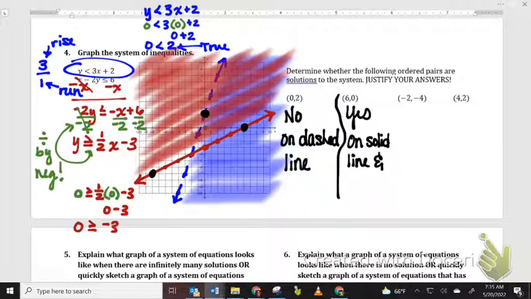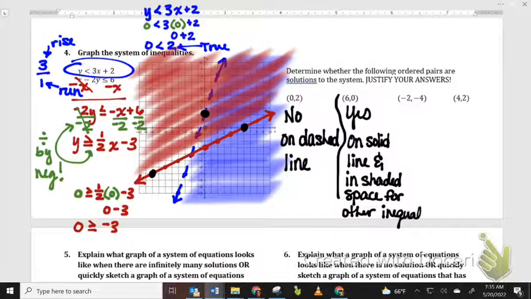Yes, this one is also in the blue shaded space. So it's on a solid line and in the shaded space for the other inequality. To be a solution to the system, it has to work for both inequalities, and so I have to establish that it's working for both of those. If I say it's on a solid line, I'm only talking about one aspect of this.